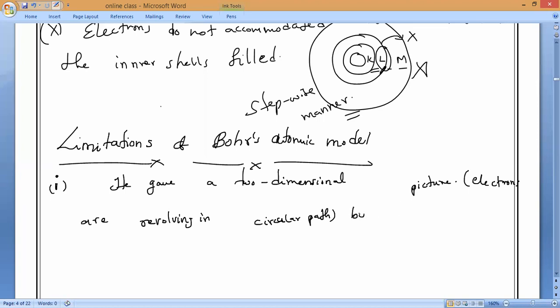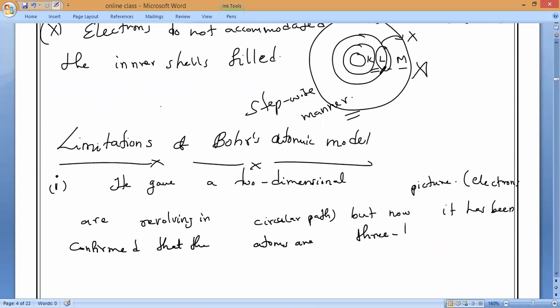But now it has been found that atoms are what, circular or spherical? Spherical, three-dimensional. It is confirmed that atoms are three-dimensional, meaning they are spherical.